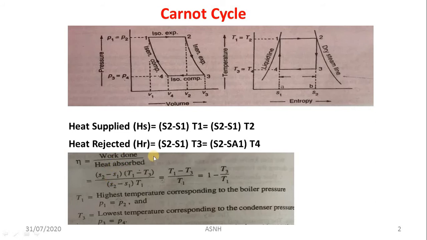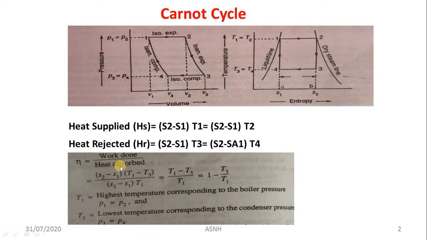Work done is nothing but HS minus HR. I put those terms here, and work done is S2 minus S1 into T1 minus T3.